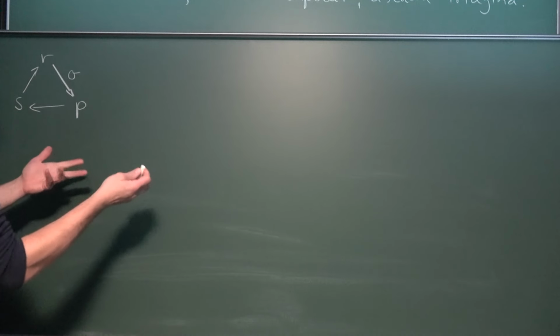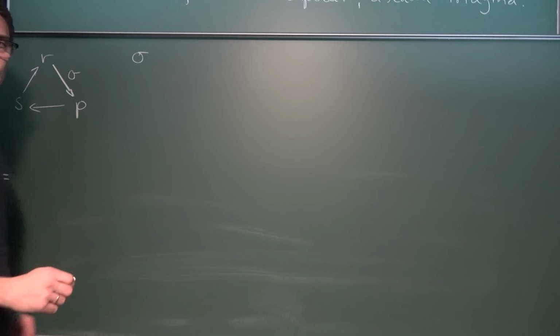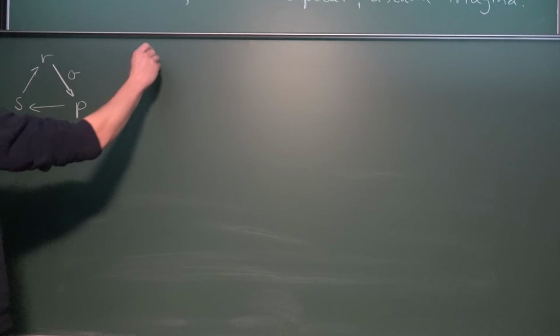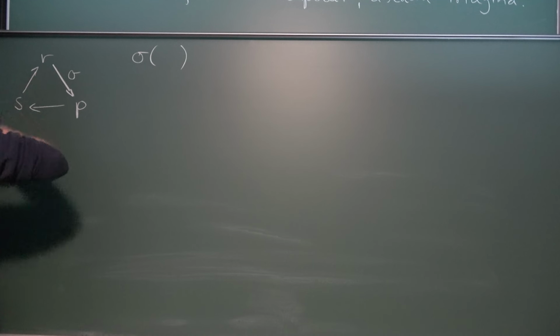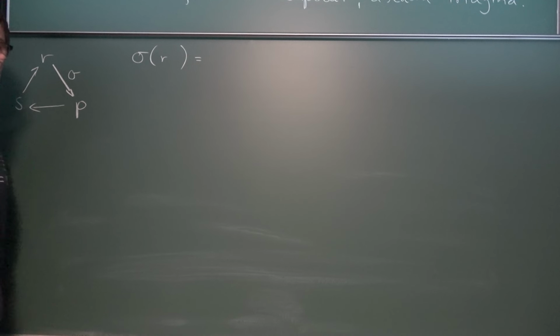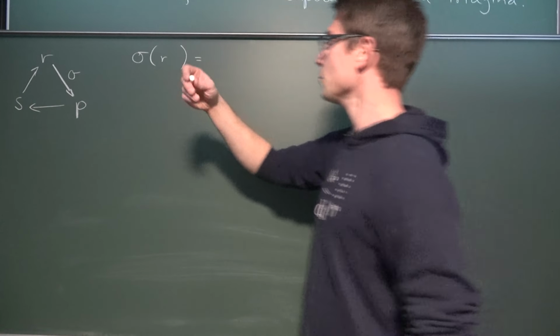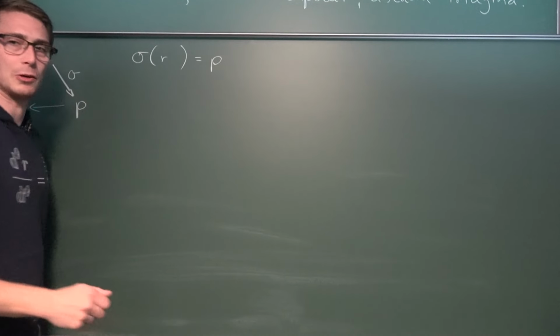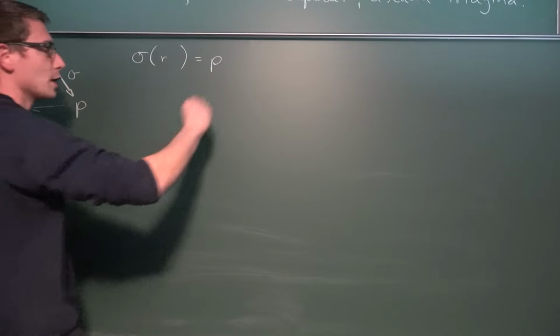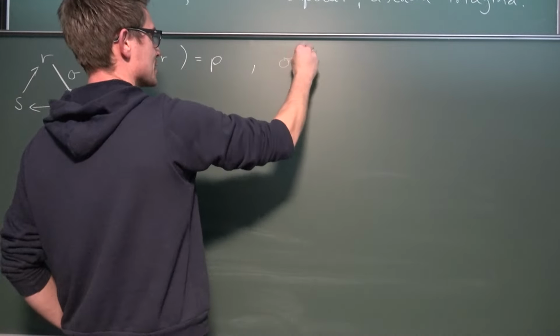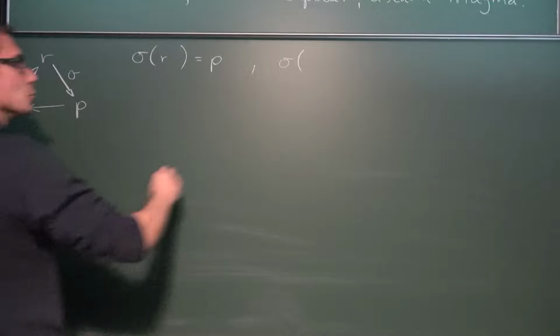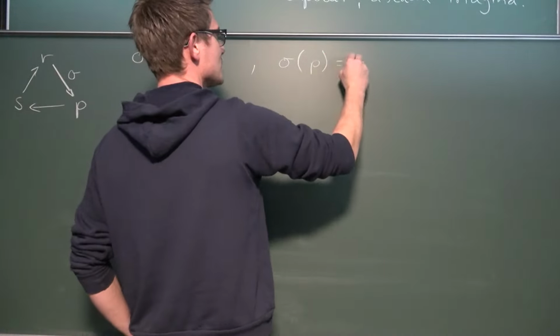Now, what does that mean in general? This right here is like a function. It's a mapping. We are going to take sigma and apply it to R, for example. What are we going to get out? Sigma represents our arrow in this directed graph. We are going to get P out, paper, because paper is going to win against rock. Now we also have the other relationships. If we apply sigma to paper, we get scissors out.